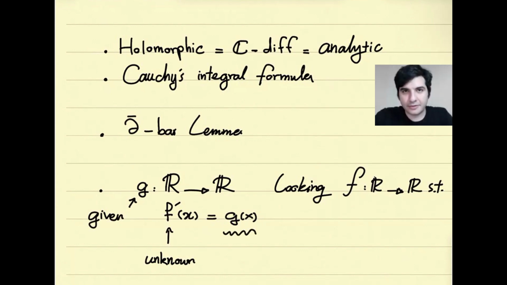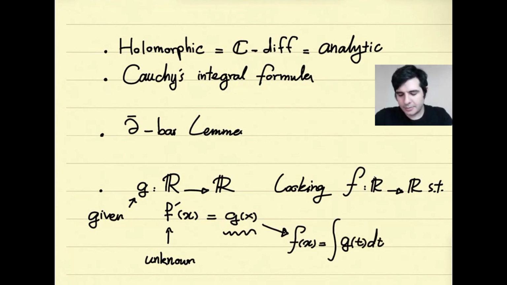So what is f? It's not very hard to guess. We have the derivative of f. In order to get f, we should apply the antiderivative, or essentially the integral. So f of x would be given by the integral of g, with a new variable t, from some fixed base point, let's say 0, up to x. This would be the formula for f.